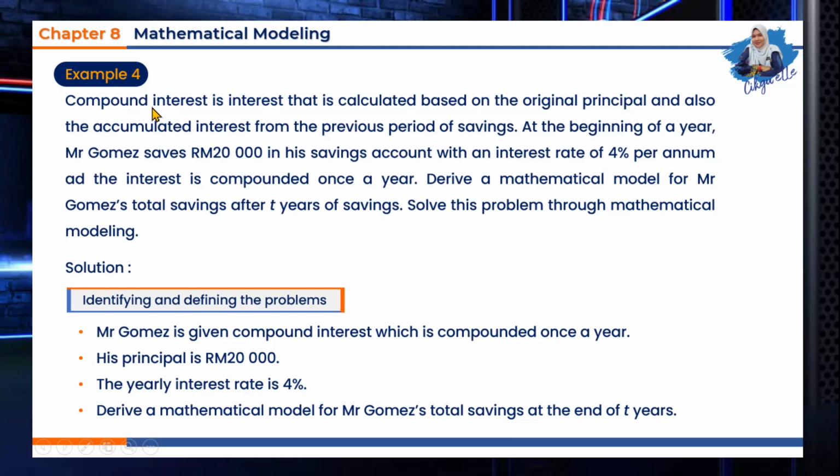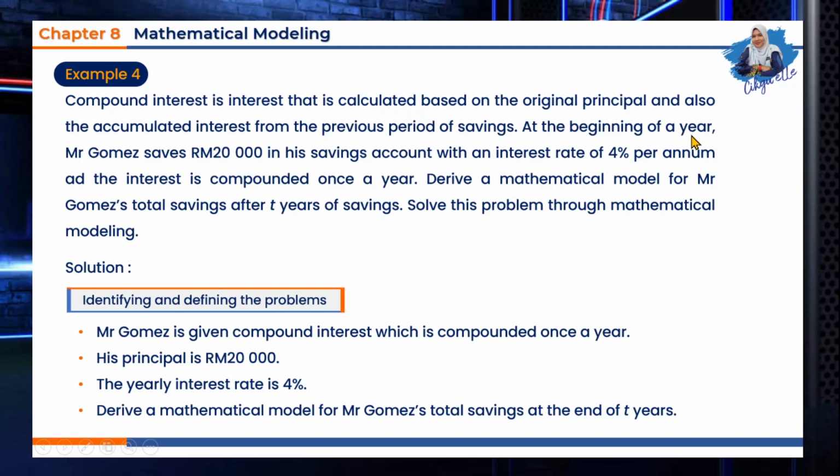What is compound interest? Compound interest is the interest that is calculated based on the original principal and also the accumulated interest from the previous period of saving. So this is the definition of compound interest.